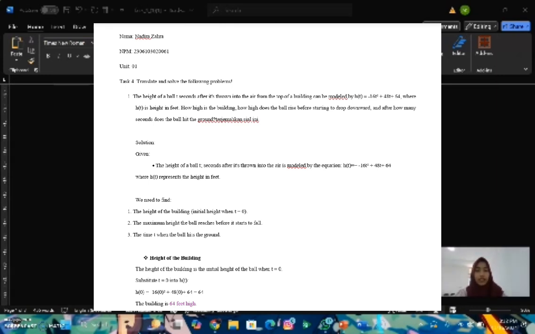First, I want to find the height of the building. The height of the building is the initial height of the ball when t = 0.